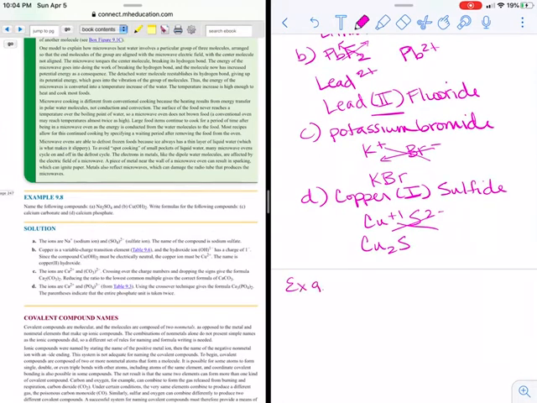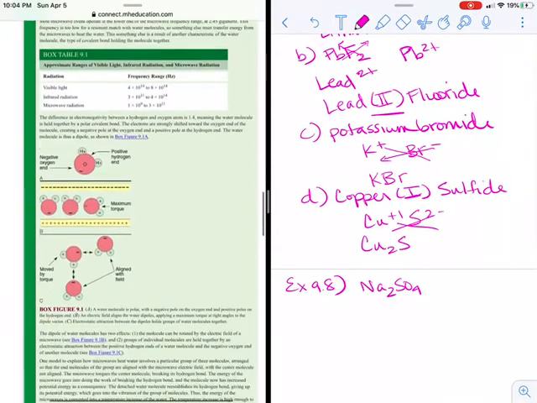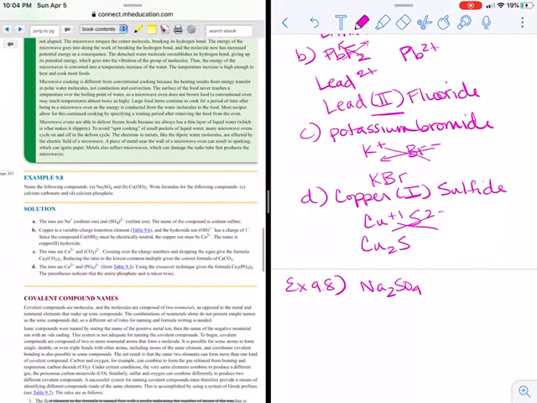I think, yeah, there's another example in this section. So example 9.8, you have Na2SO4. Okay, so this is where you will also have to use that polyatomic ion table. One way to know that you'll have to use that polyatomic ion table is to count how many elements there are.